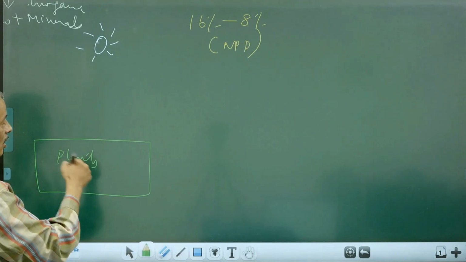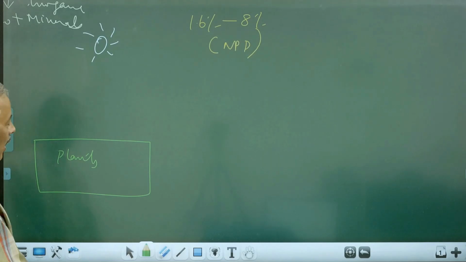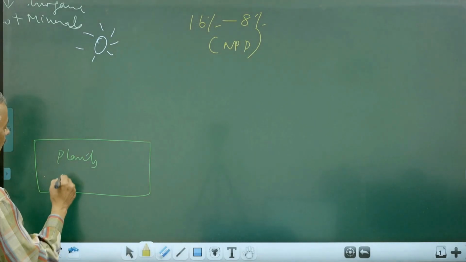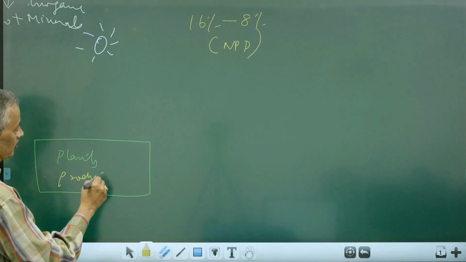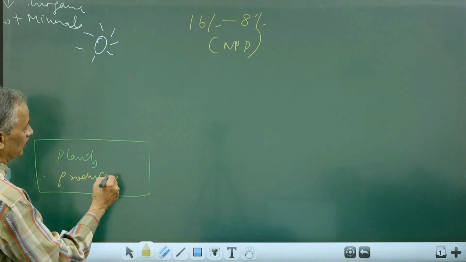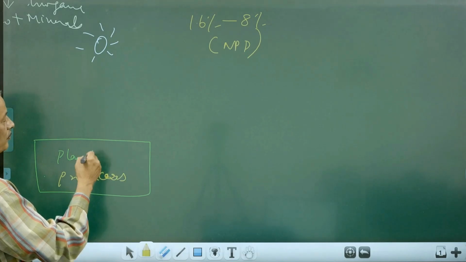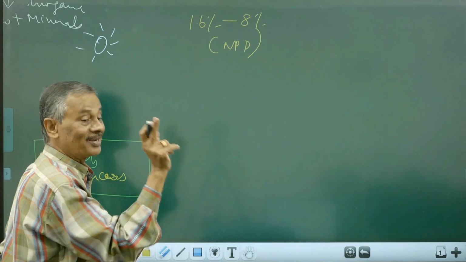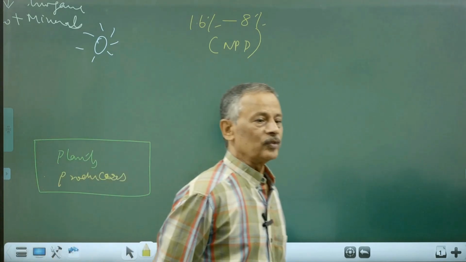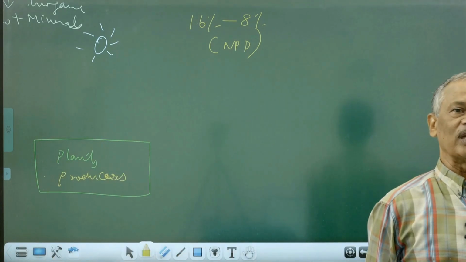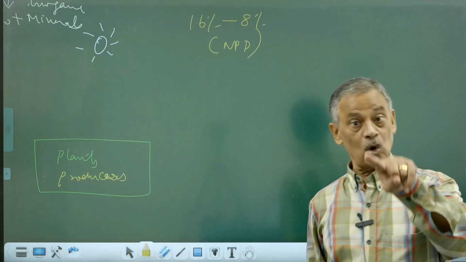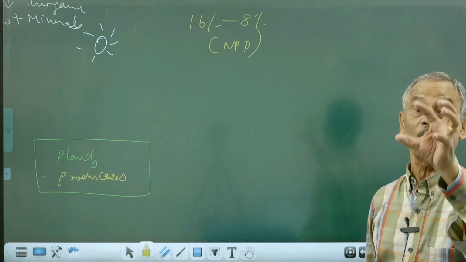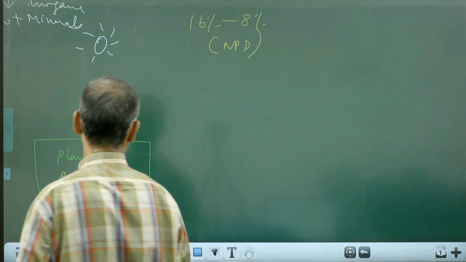That energy falls on the plants, and plants are thus called producers because they produce organic matter. These producers are converting solar energy into chemical energy. So they are converting one form of energy into another. Solar energy is converted into chemical energy. That's how they are building up organic material and storing it within them.